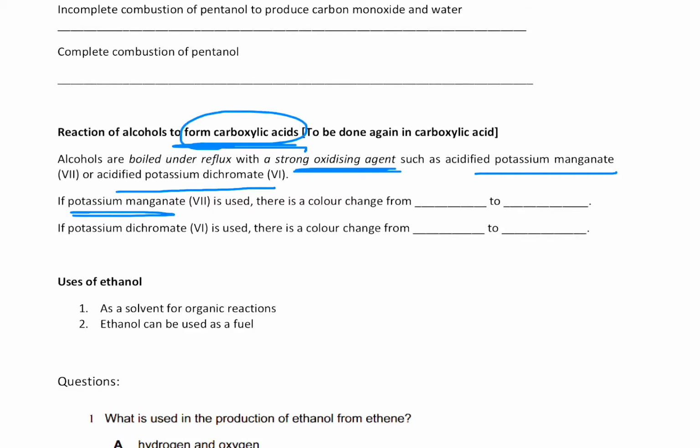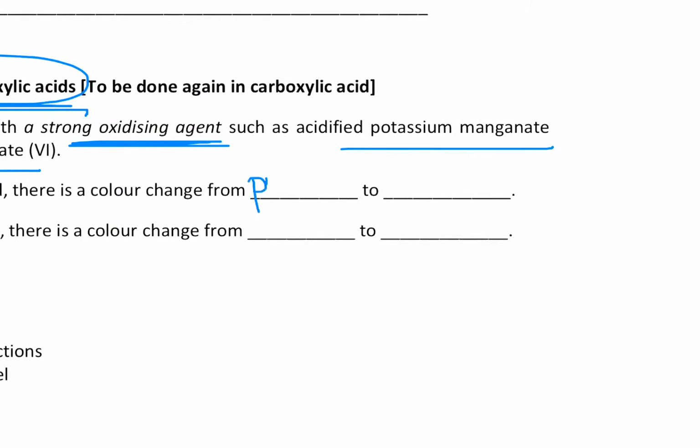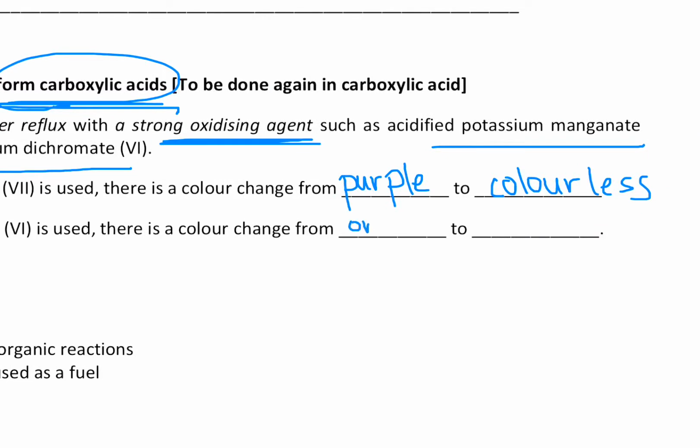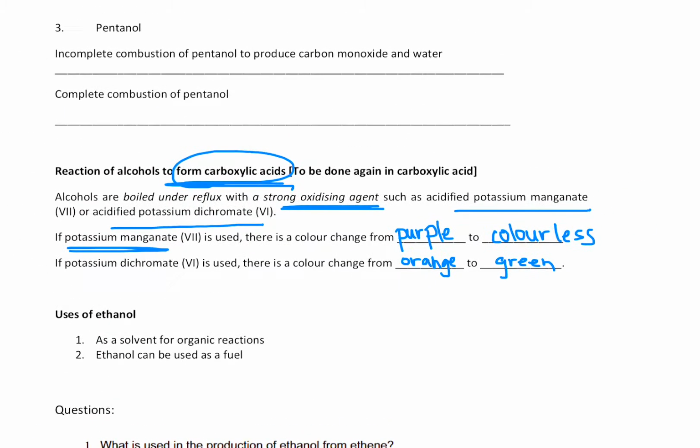So if you have potassium manganate, you're going to have the color change from purple to colorless, so it will decolorize. And if you are using potassium dichromate, it will change from orange to green. So this is the oxidation reaction.